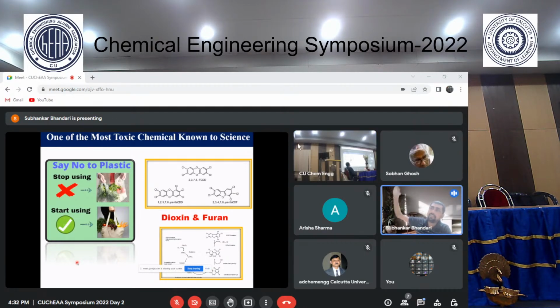But in plasma, this dioxin and furan is simply disintegrated because in the plasma reactor, the overall average temperature is way above the disintegration temperature of dioxin and furan.